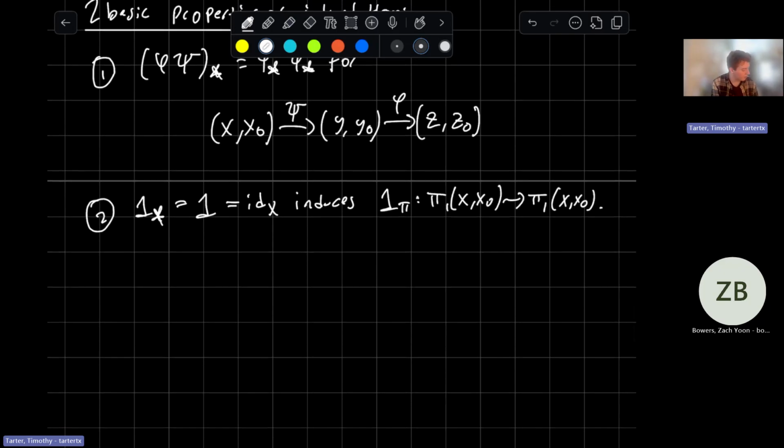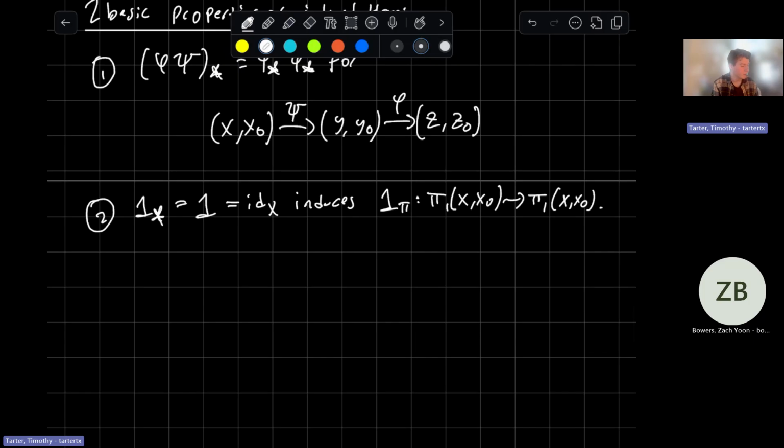So the first of these follows from the fact that composition of maps is associative. The second is obvious. These two properties of induced homomorphisms are what makes the fundamental group a functor. The formal definition of a functor requires introduction of certain other preliminary concepts.